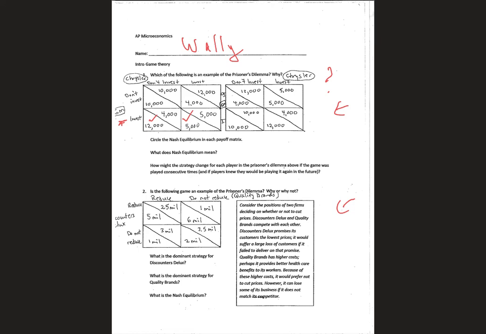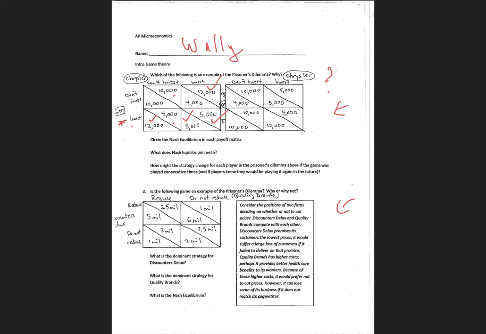GM should always invest. If I am Chrysler, looking at the top row now, if GM does not invest, what should Chrysler do? Should they not invest for $10,000 or should they invest for $12,000? They should invest for $12,000. And if GM does invest, Chrysler could choose between not investing for $4,000 or investing for $5,000, which is what they should choose.